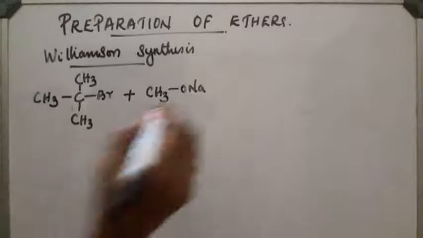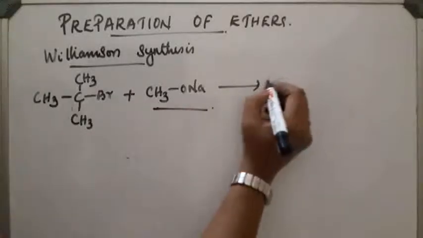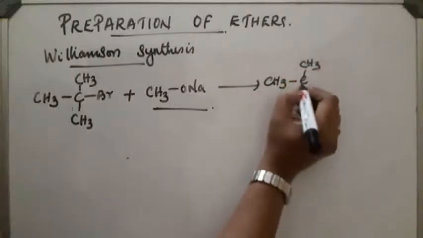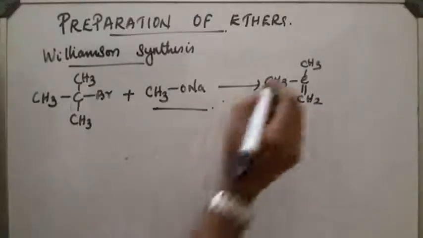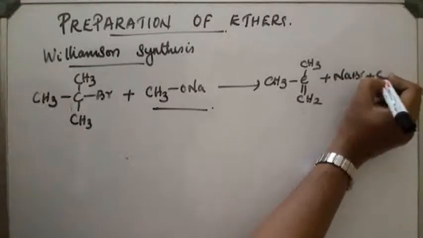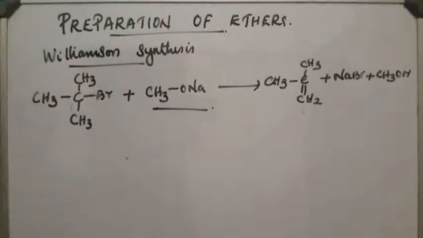This is a strong base, so the product obtained will be CH3C(CH3)=CH2, an alkene, plus NaBr plus CH3OH. Like this the reaction takes place.